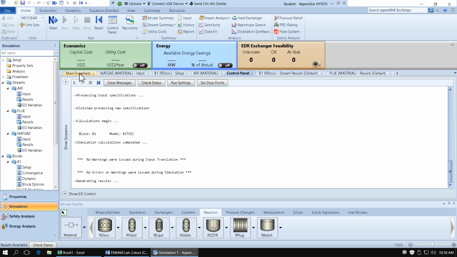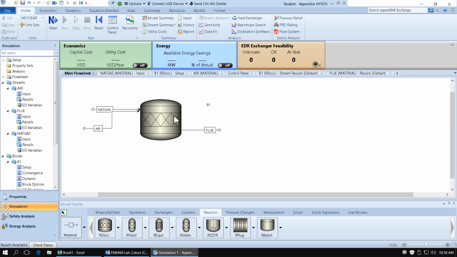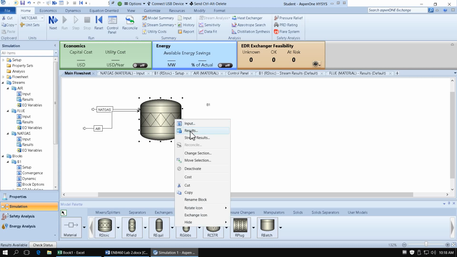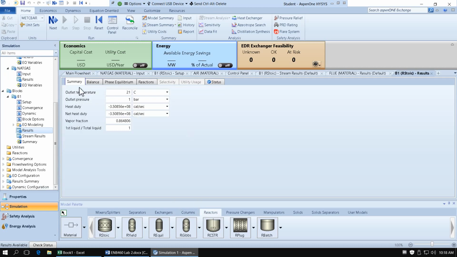Right, I think it's done. So if we look at the results of the reactor, yep, so outlet temperature is 21, outlet pressure is 1 bar, and the heat duty is this one, negative 3.5 times 10 to the 8 calories per second, but we want it in megawatts, so let's just change that.